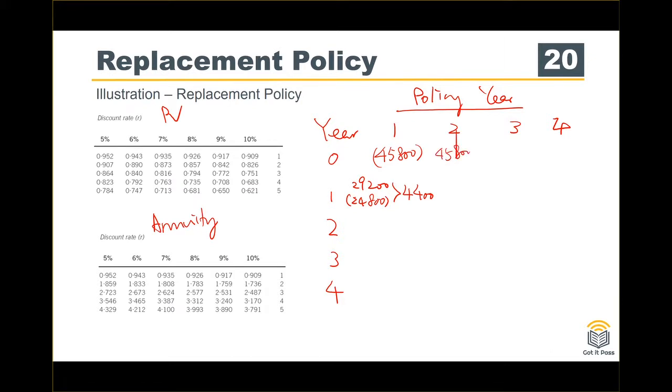And in the 2-year policy, in year 0 it's the same. For the first year, you don't sell the machine, but you have to pay the first year operating cost and maintenance cost, so it is minus 24,800.